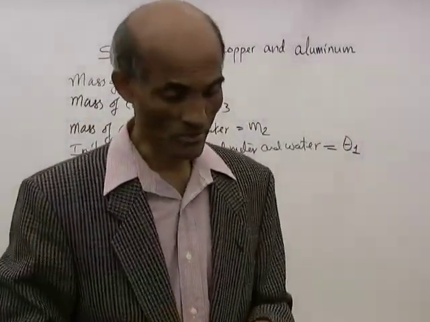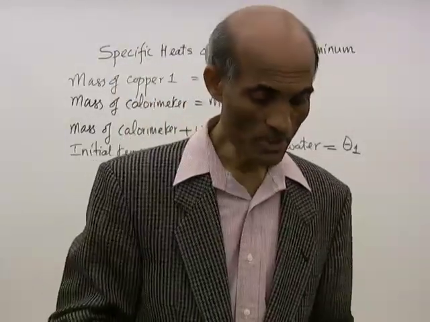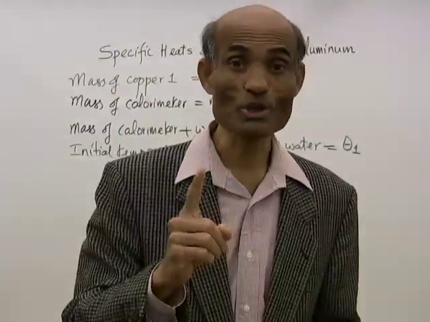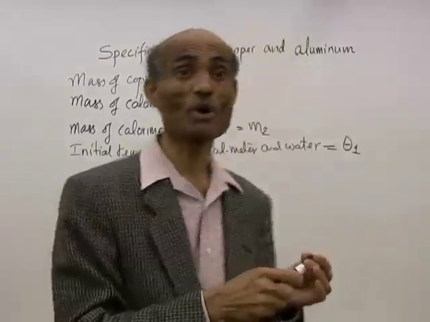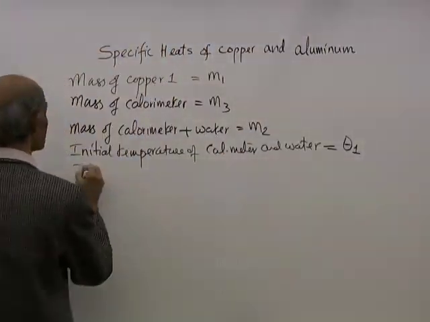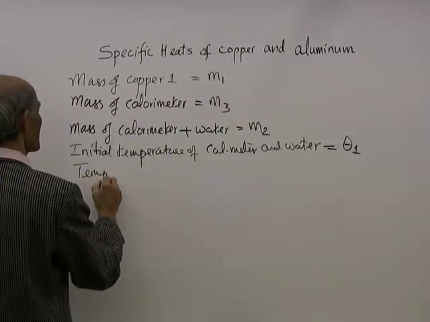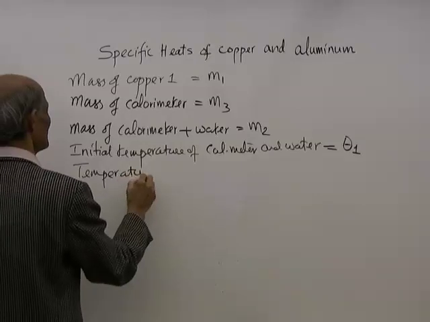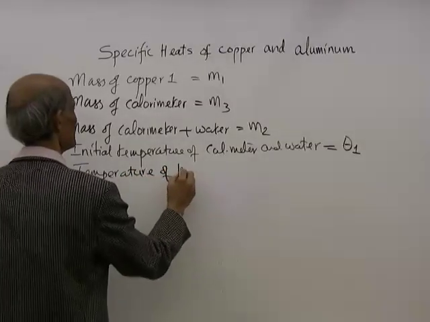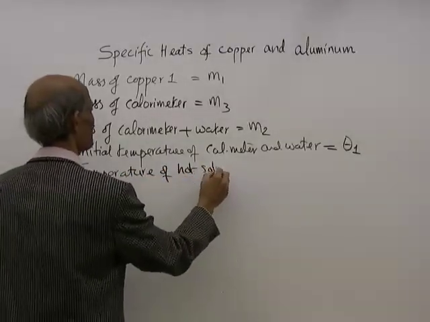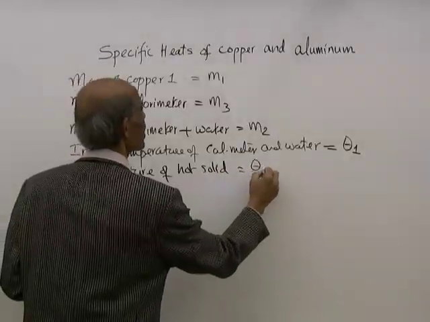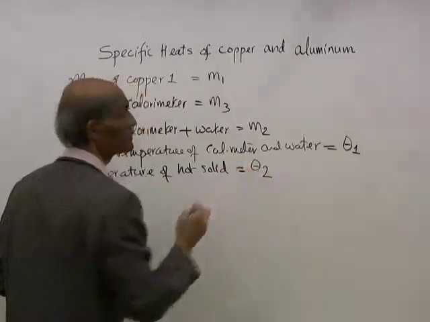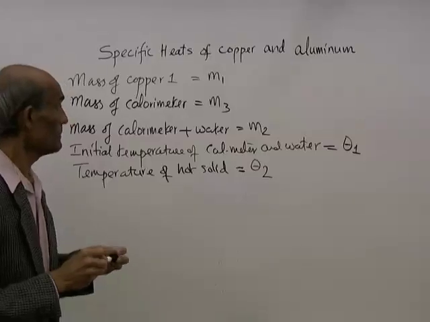And what is the next step? Measure the temperature of boiling water. That is the temperature of the hot solid. We will call that 32 degrees Celsius.